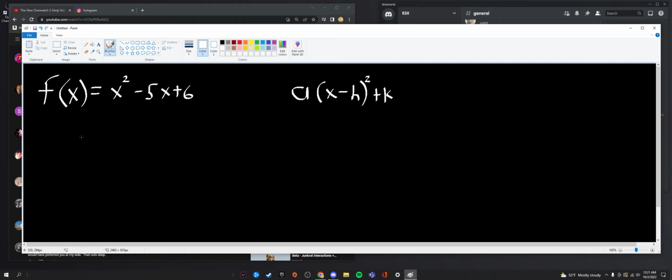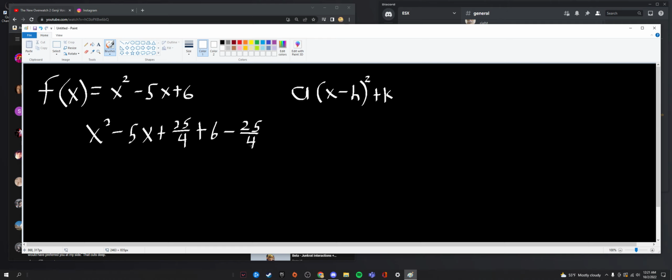So what that looks like, after we do that, we get x squared minus 5x, and now, ooh, that's a bad x. There you go. And then we're going to add 25 over 4, because that's b over 2, like I said, negative 5 over 2 squared, 25 over 4. And then we're going to add 6, but now we're going to subtract 25 over 4 so as to not change the value of our equation.